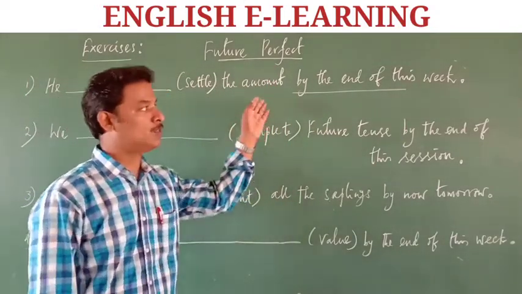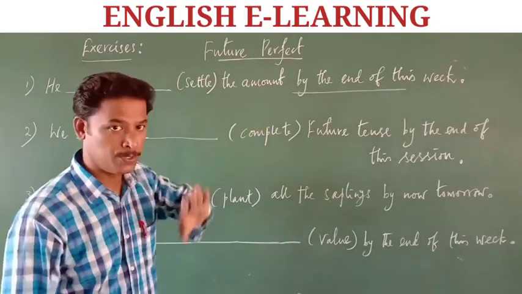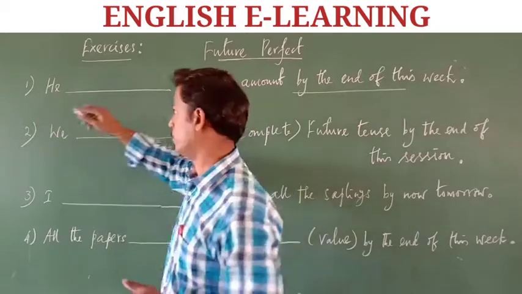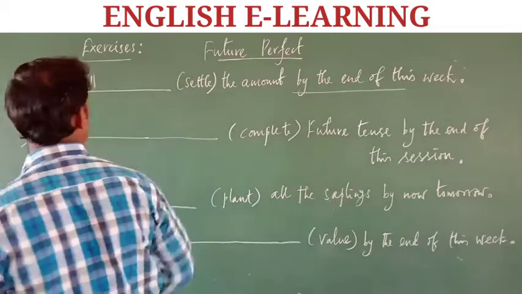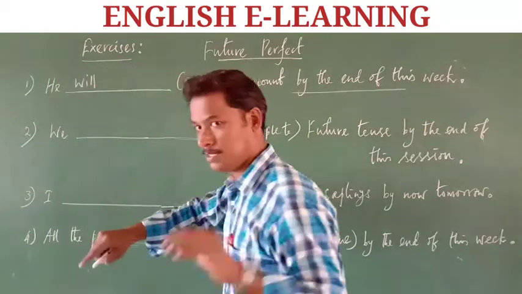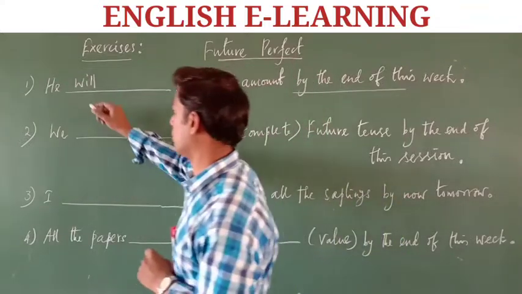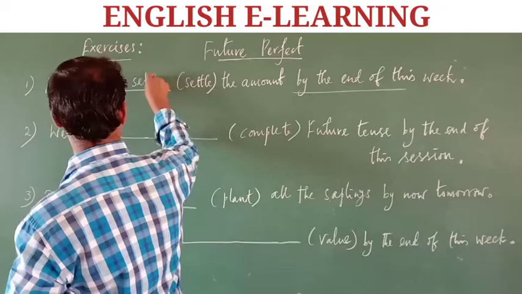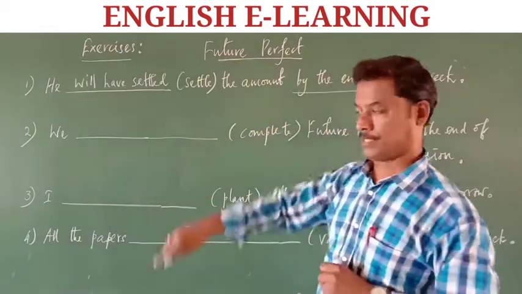So it shows some certain period in future. So use future perfect. This subject is a human being. So use active form. The rule for active form in future perfect is will or shall plus have plus verb 3. So he will have settled the amount by the end of this week.